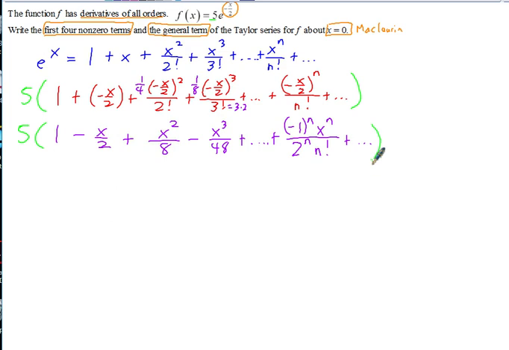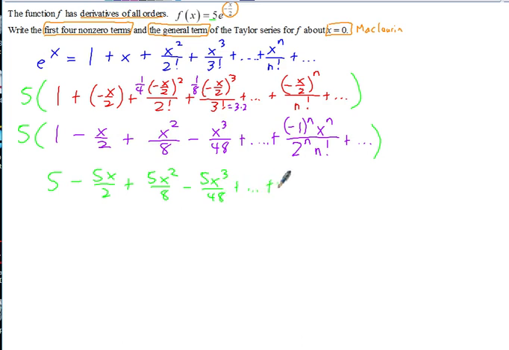And then we're multiplying these all by 5. So this becomes 5 minus 5x over 2 plus 5x squared over 8. Minus 5x cubed over 48. There's our first four non-zero terms.